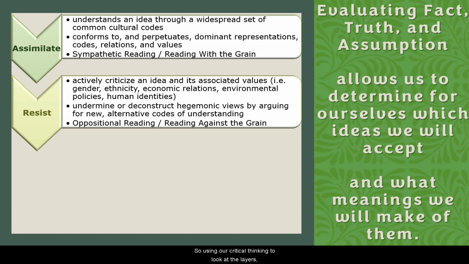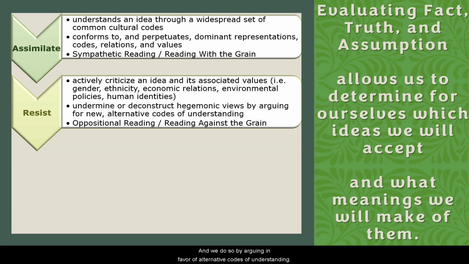So using our critical thinking to look at the layers of the surface content, the assumptions, the implications, and criticizing the values about gender, ethnicity, economic relationships, environmental policies, or other kinds of human identity. When we resist an idea, we actively undermine or deconstruct the hegemonic or the dominant ideological views.